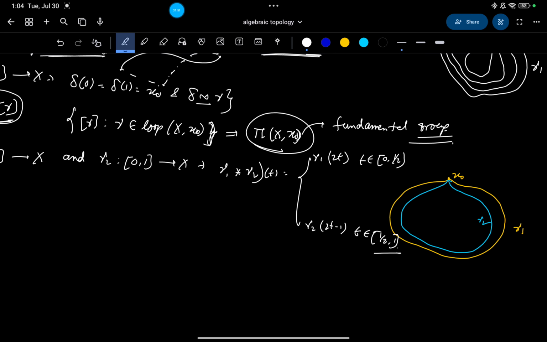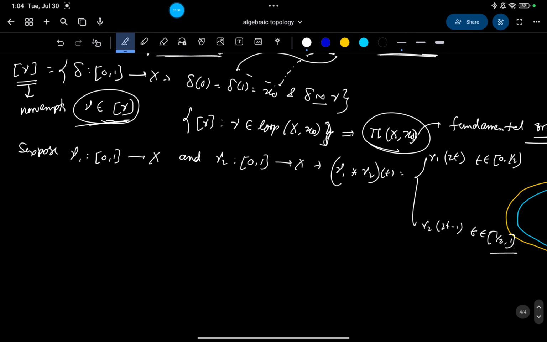That is the concatenation. And the group operation in the fundamental group is defined as the homotopy class of gamma 1 star gamma 2.